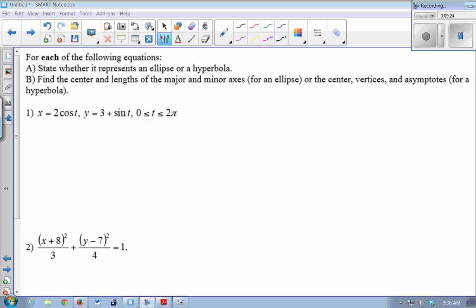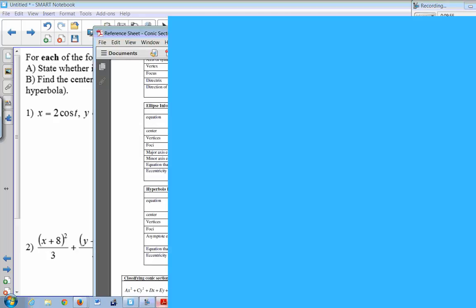Okay, so we're given a set of parametric equations. x is 2 cosine t, and y is 3 plus sine t, graphing t from 0 to 2 pi. So I tend to just eliminate the parameter here instead of remembering a whole other set of rules of when this thing is an ellipse, a hyperbola, a parabola, etc. I like to eliminate the parameter and just look at it in terms of this sheet of how to classify.